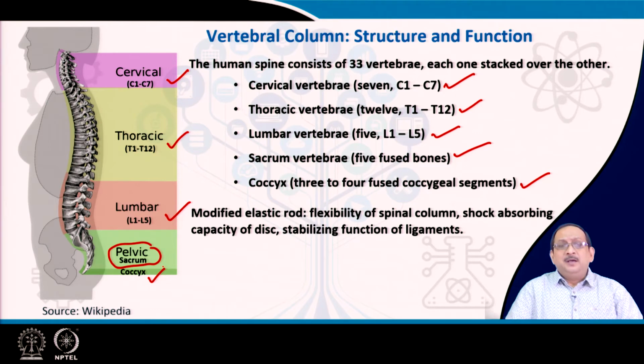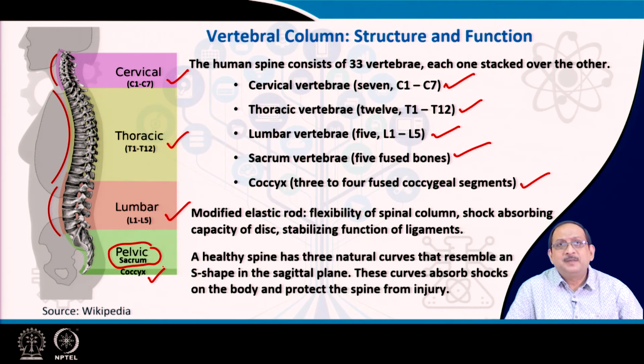The spine can be considered as a modified elastic rod because of the flexibility of the spinal column, the shock absorbing capacity of the disc and the stabilizing function of the ligaments.